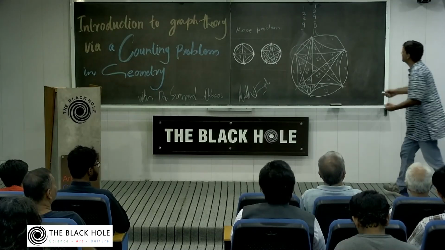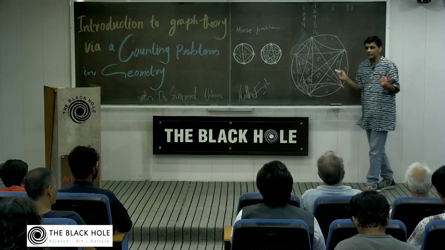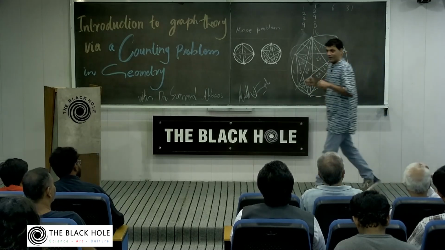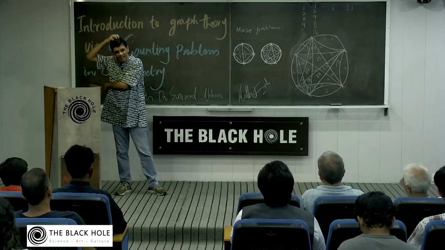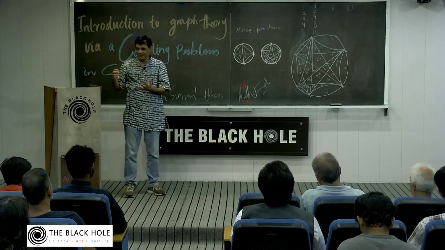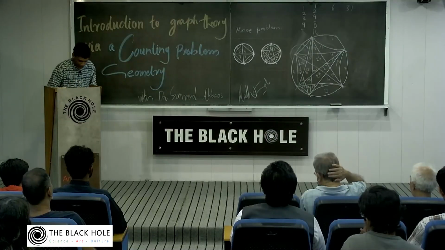So that's the surprise. With 6 points the pattern breaks. It was 1, 2, 4, 8, 16, and all of a sudden there's 31. So we already learned something from here.